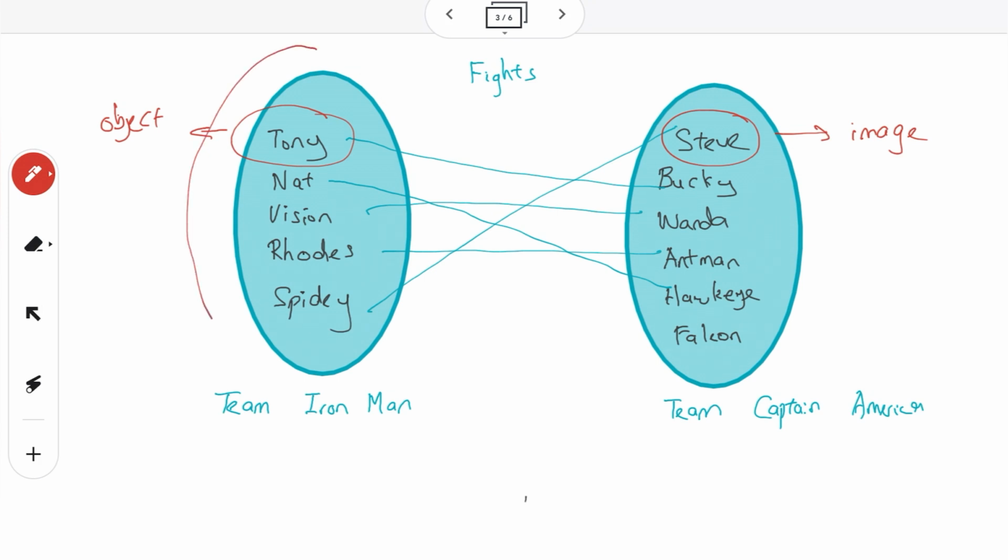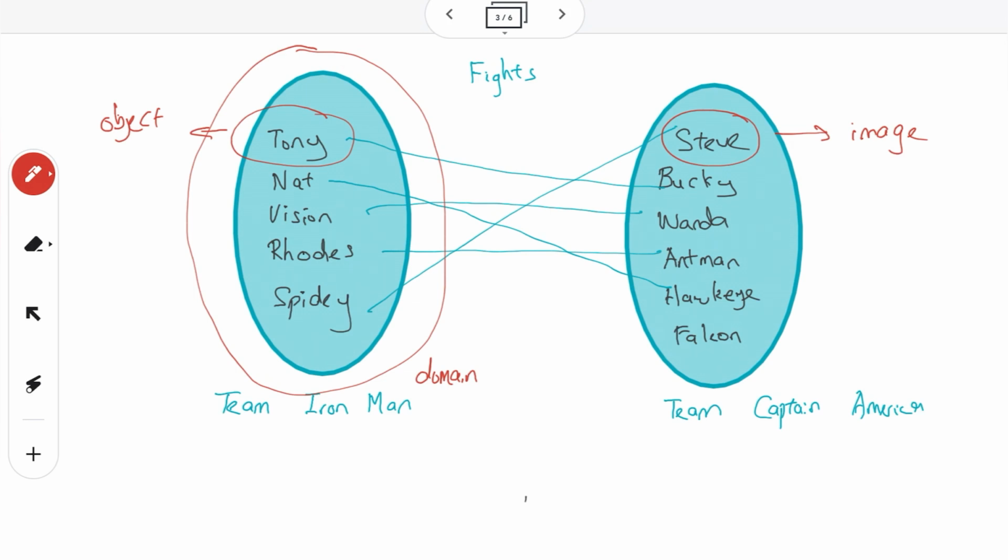And the whole of the first group of data is going to be called a domain. Alright, so for example, in the domain, there is Tony, Natasha, Vision, Rhodes, and Spider-Man. And each of them is an object.